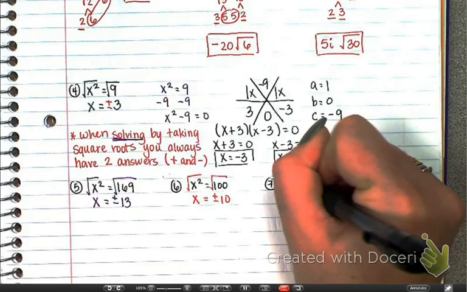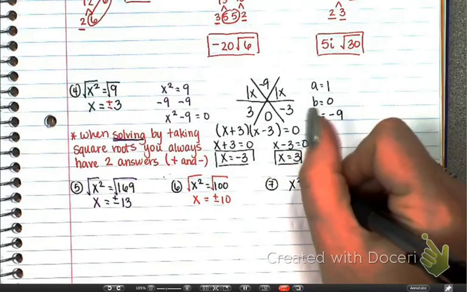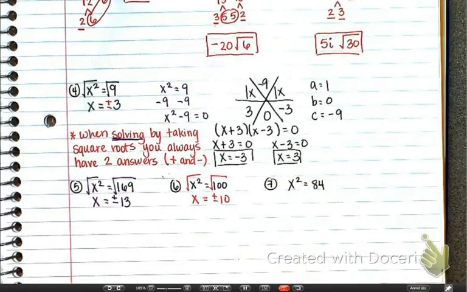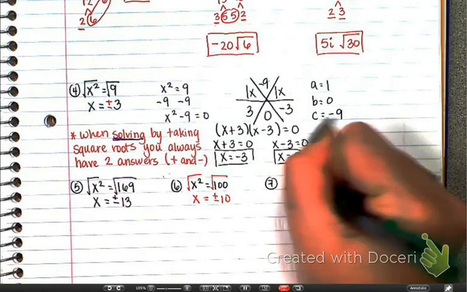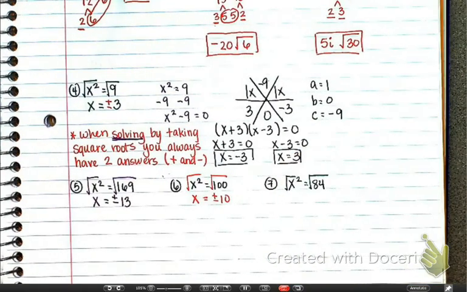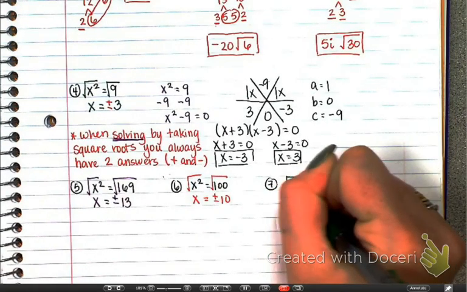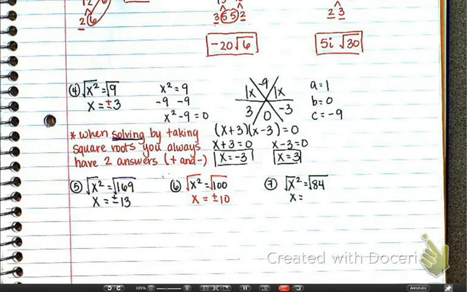Let's look at x squared equals 84. We're going to do this one together. We're solving it the same way. To get rid of the squared, I take a square root. Square root of x squared? X. Is the square root of 84 a perfect square? No. What do you know about radicals? You can simplify them.